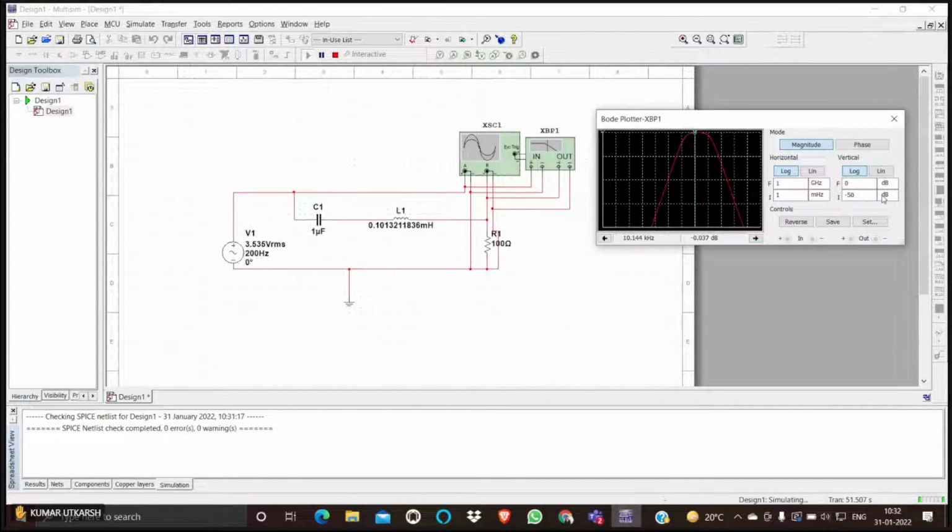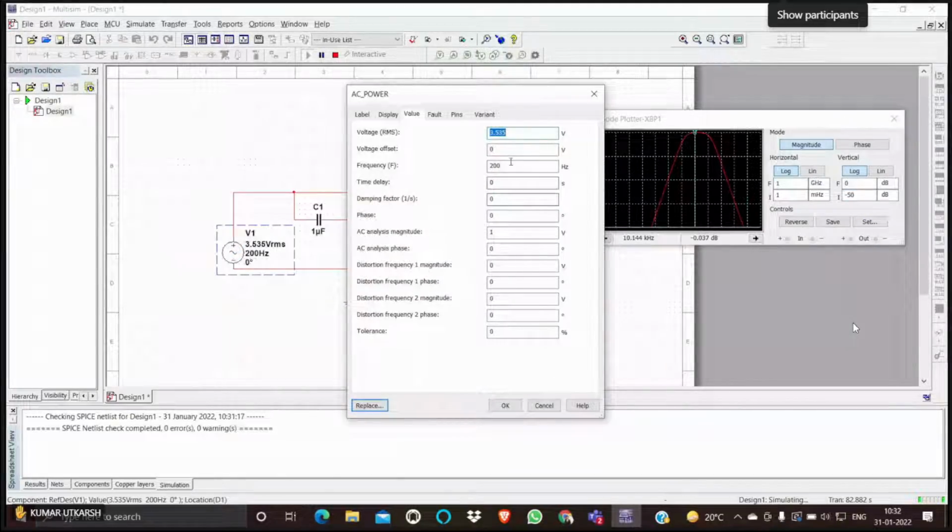Then how are you getting it in kilohertz? That means you have not designed it properly. Your theoretical value and your practical value should be the same, right? Yes, ma'am. How much resonant frequency have you taken theoretically?